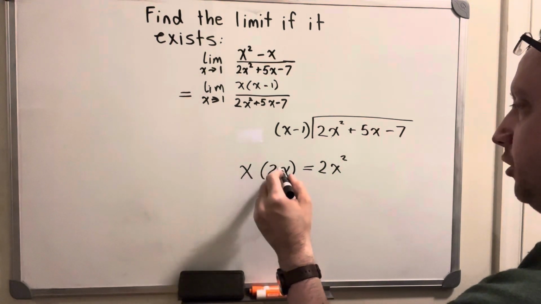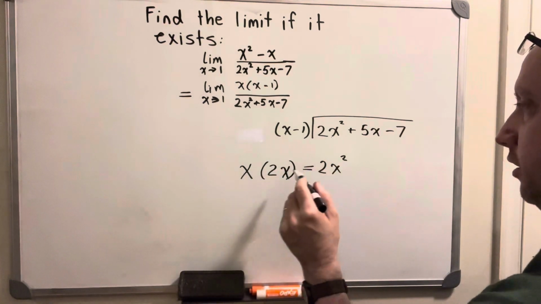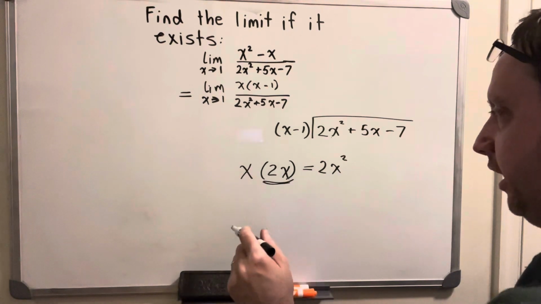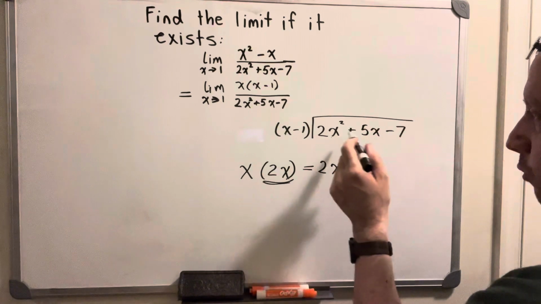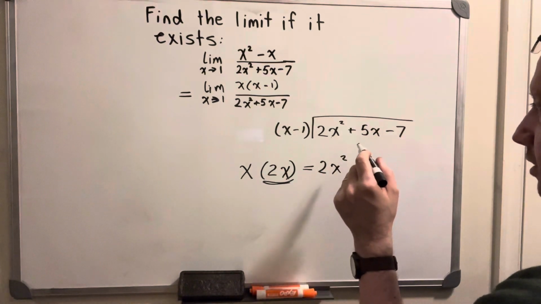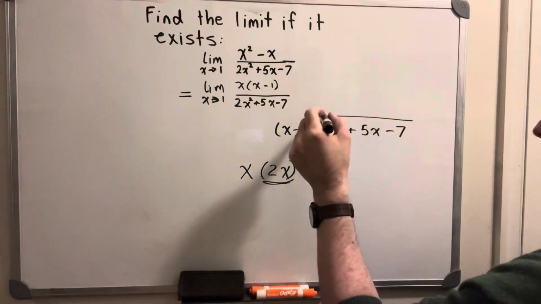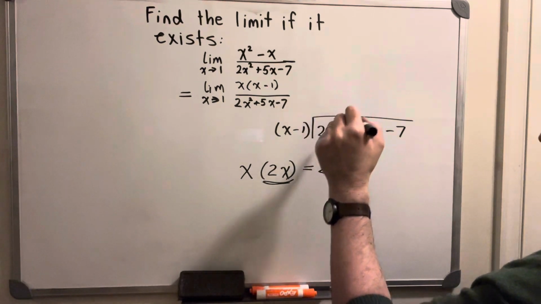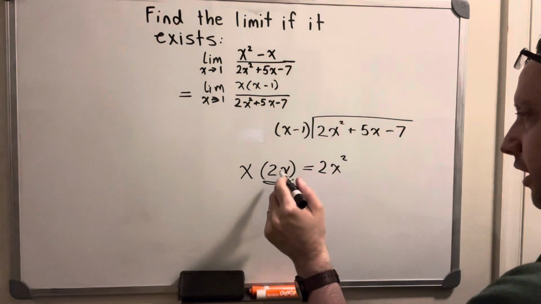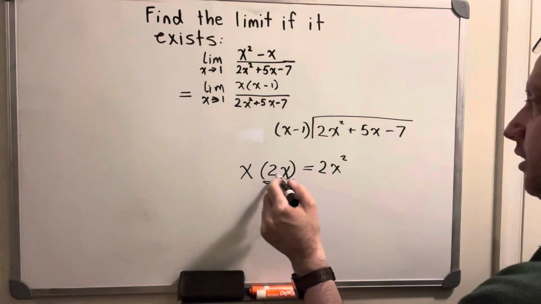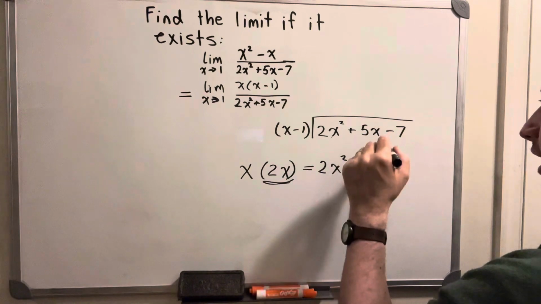See, x times 2x is equal to 2x squared. So that means that this is what I'm going to put. And with this type of problem, you want to keep things aligned. It helps to make sure that you don't subtract something from which it ought not to be subtracted from. So I put this 2x in the x's column.